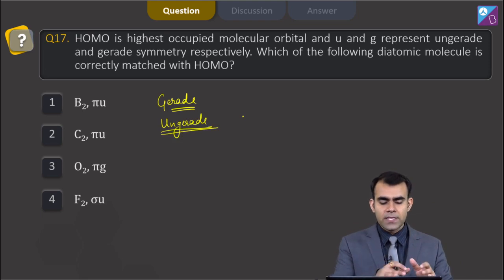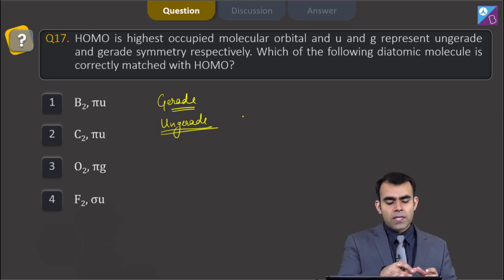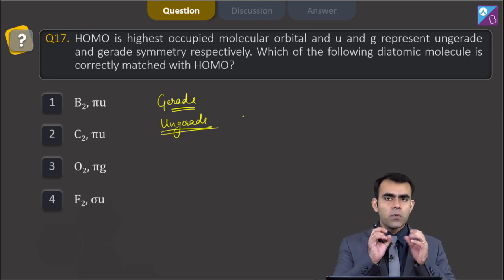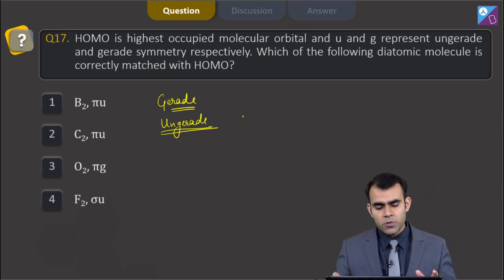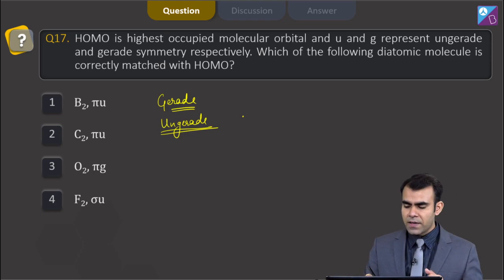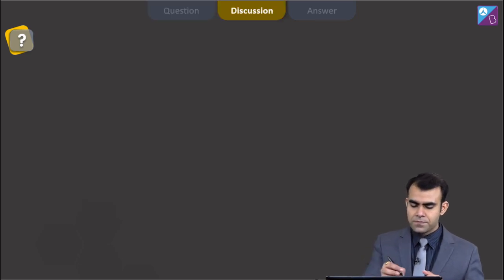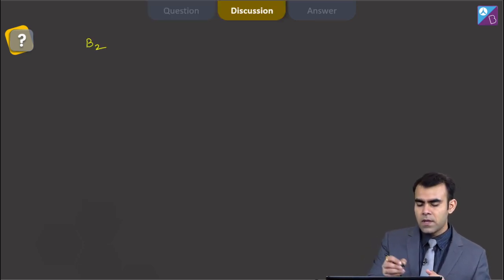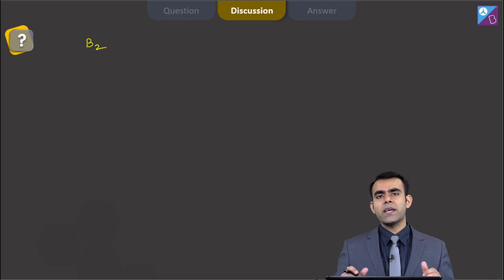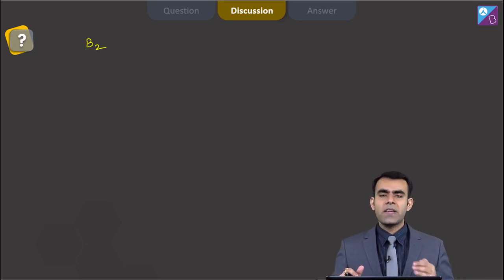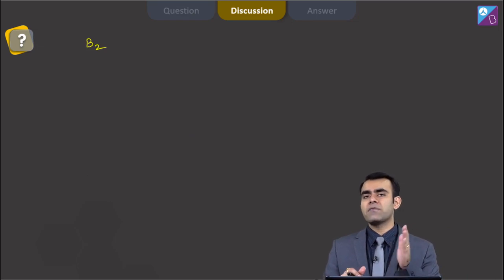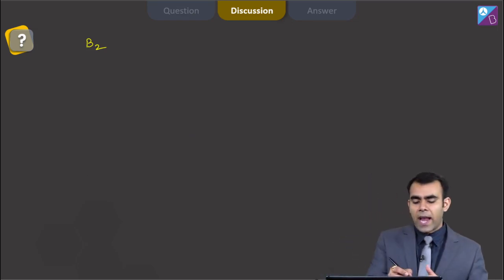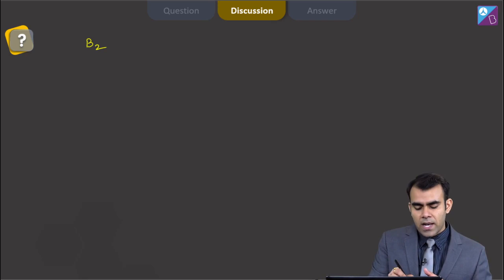Let me explain this with the help of the molecular diagrams or the molecular orbitals of these particular molecules. For example, let's say we have B2. Now in boron, how many electrons are there? We have hydrogen, helium, lithium, beryllium and boron. Boron contains 5, but in B2 we have 10, and its atomic orbitals are like this.